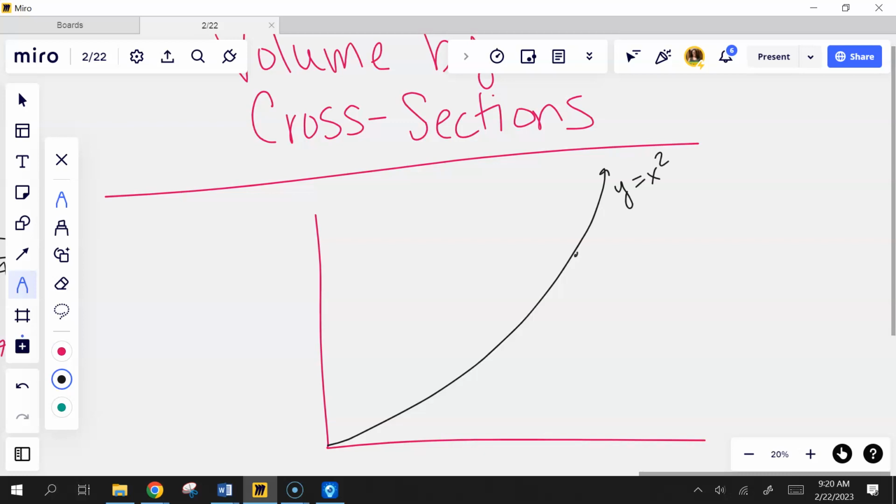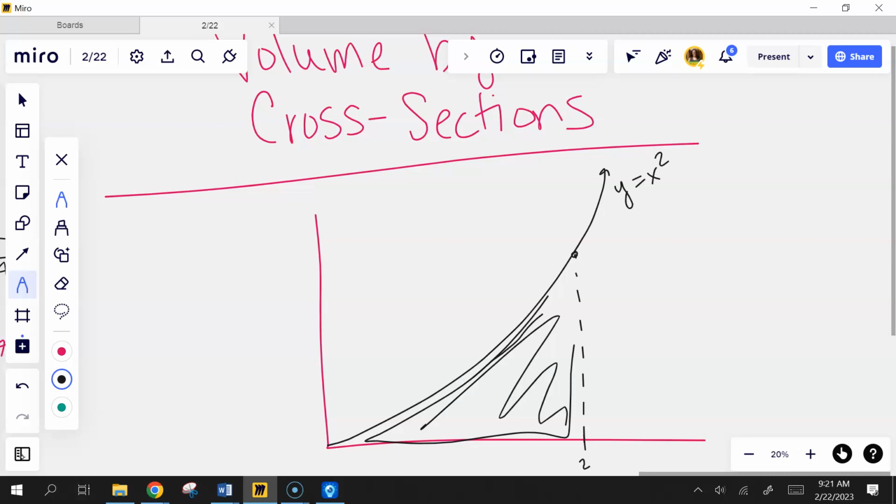If I said that there was this solid shape, that the base of it sat right there following along this curve, and that I could take cross sections out, I could actually cut this whole shape into slivers.